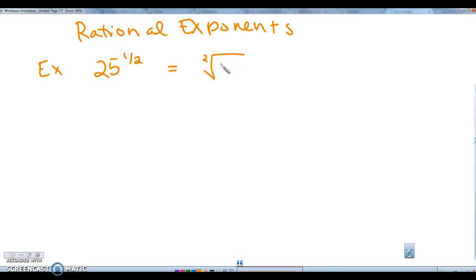Normally with a square root sign, we don't write that 2. If the base here changes, the denominator, we will change this. So the square root of 25 we know to be 5. And we can write that vice versa, 2. If I take the square root of 18, that's the same thing as writing 18 to the 1/2 power. Okay?